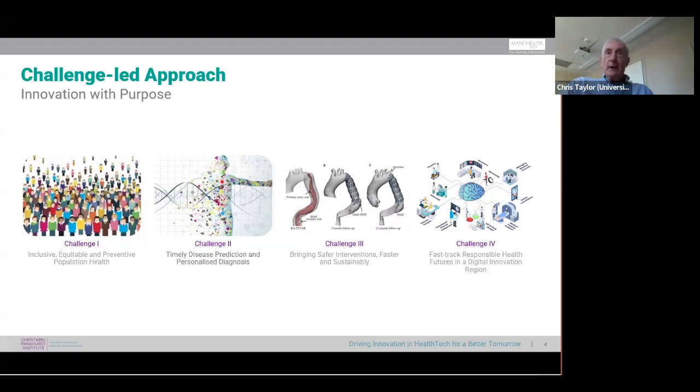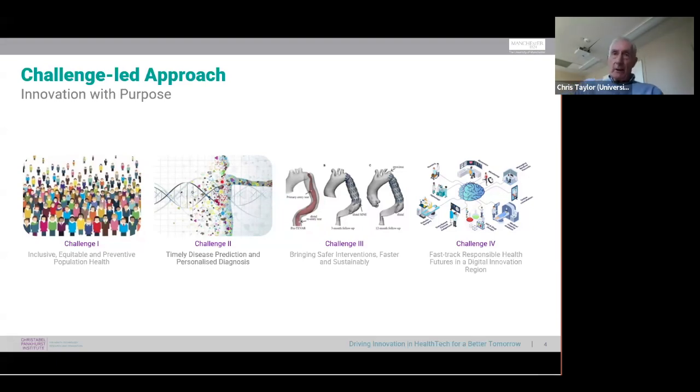And there are four challenge areas. One of them is about population health, improving inclusivity and improving prevention. A second one is around disease prediction and diagnosis. I think those two are probably self-explanatory.